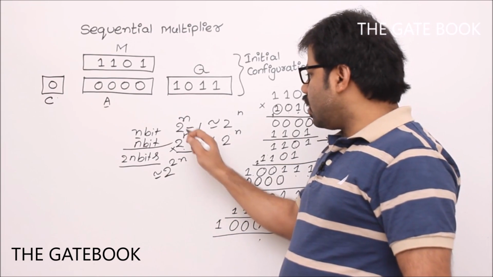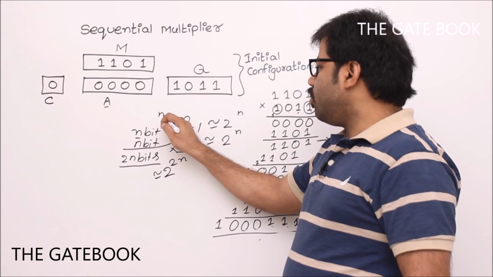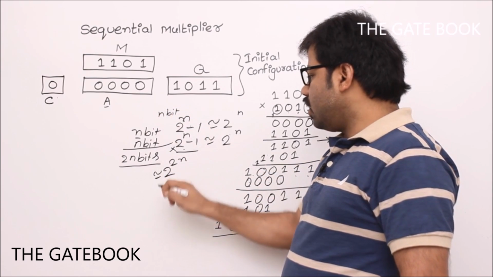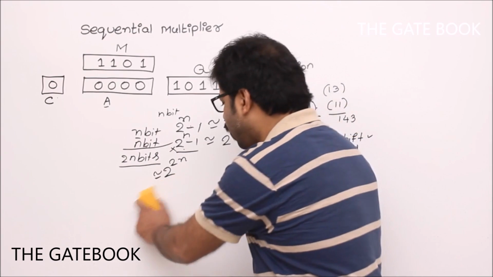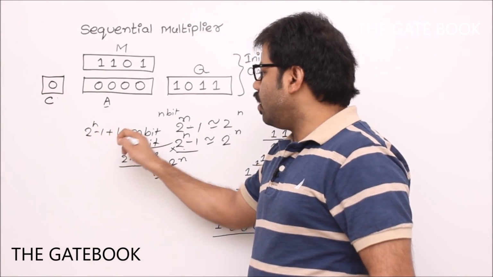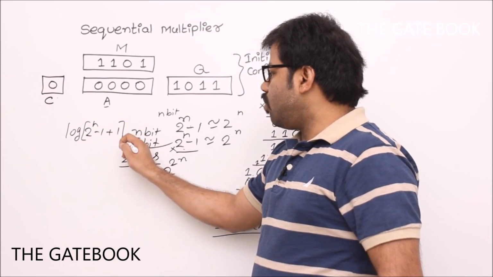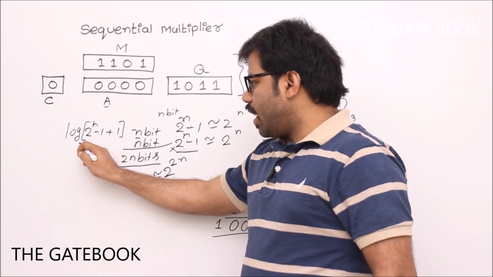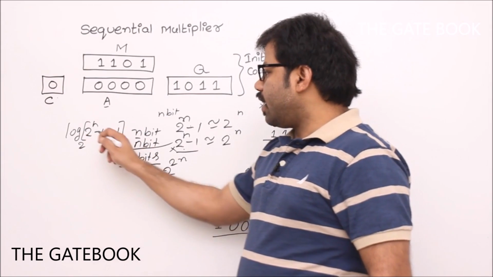Now remember one thing, to represent a number like 2 power n minus 1, we require n bits. The formula for that is log base 2 of the number plus 1. Whenever you want to know the number of bits required in binary to represent some number, it is log base 2 of that number plus 1.